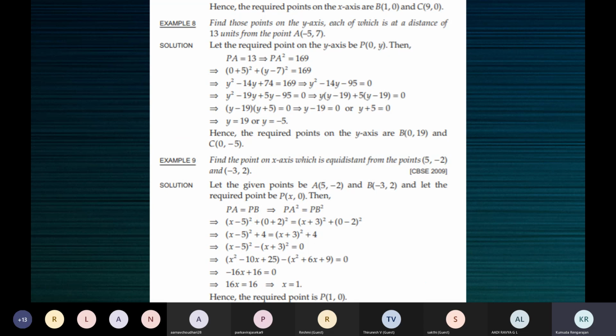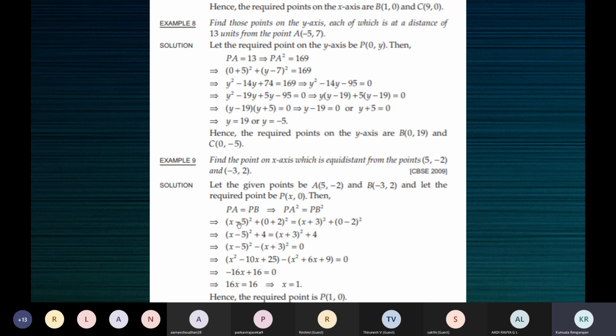So since we have to find a point on the x-axis, we call it (x, 0). Let P be given by (x, 0). There are 2 other points, we'll call them A and B. What is given? This point P is equidistant from A and B. So PA is equal to PB or PA square is equal to PB square. Use the formula and fill up PA square.